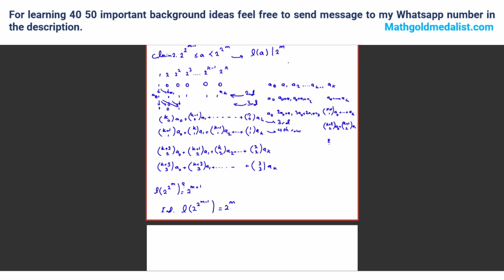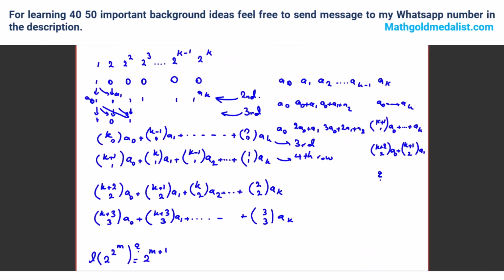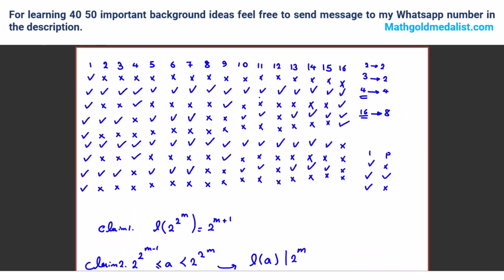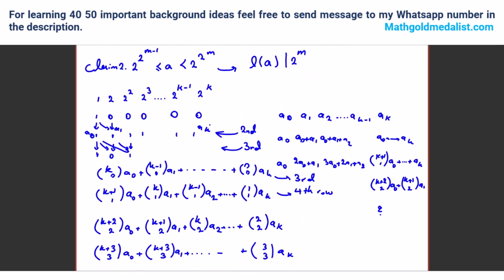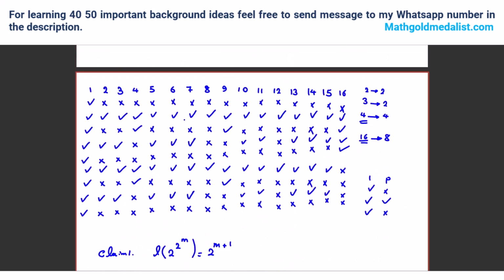I know this is second row, third row. As you can see, for example, let's consider 4. What happens? We consider this one as second row, right? So for 4, second row, third row, fourth row.